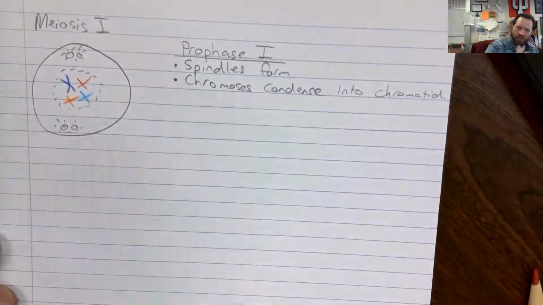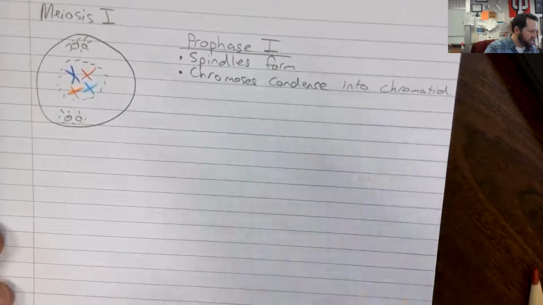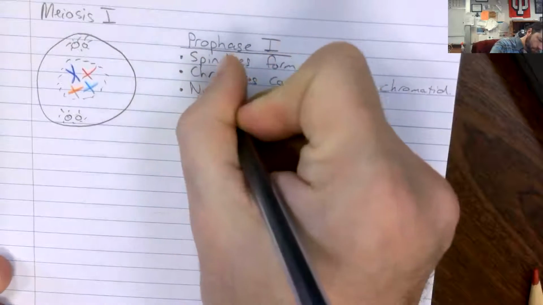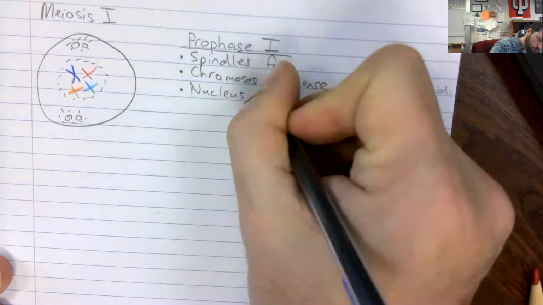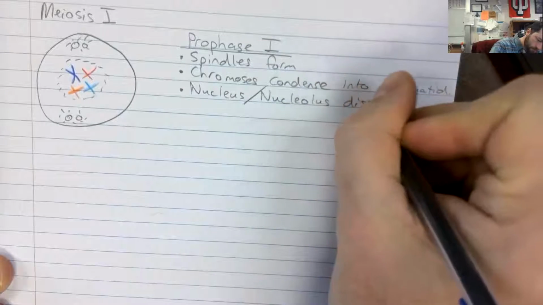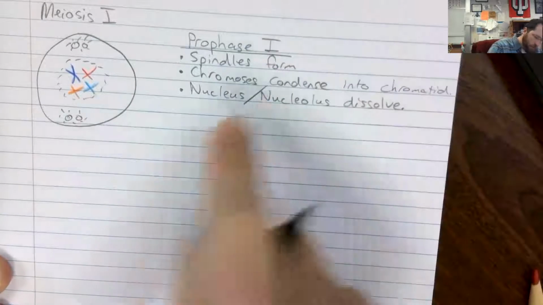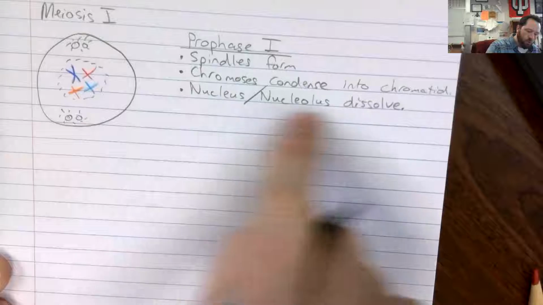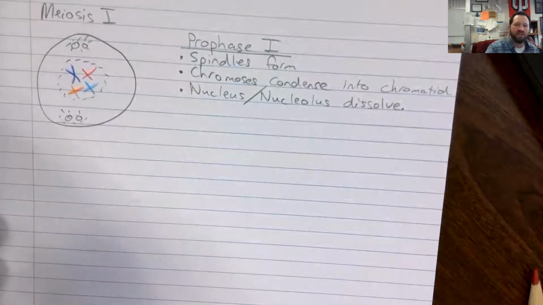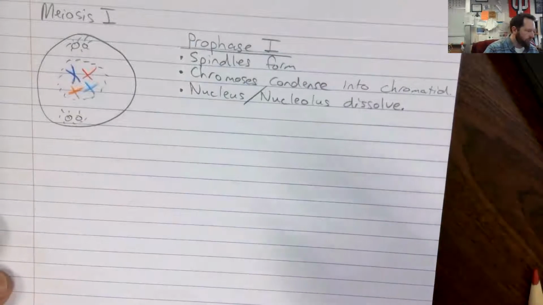So there's our D telling us that they're now visible. They don't look like spaghetti anymore. They're condensed. You can see them. The nucleus and the nucleolus are going to dissolve. We don't really want them. They just kind of get in the way for the time being. So they're going to dissolve during prophase 1.